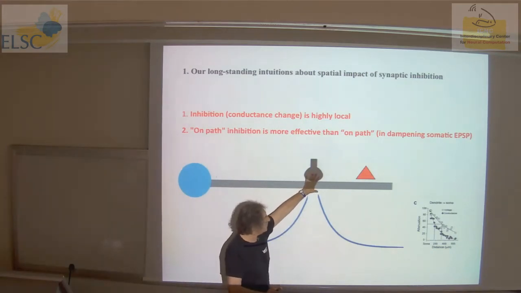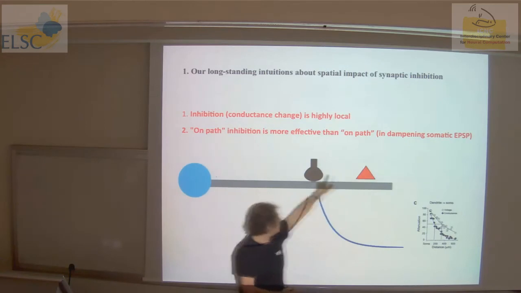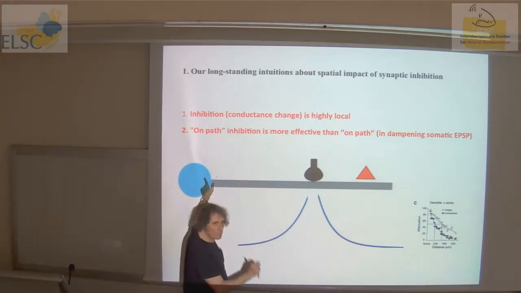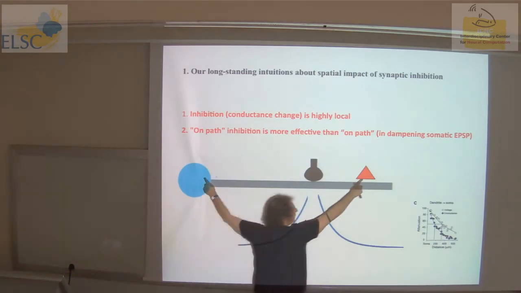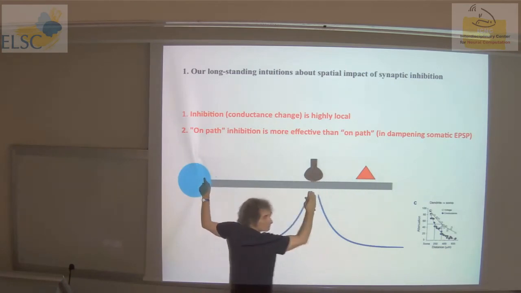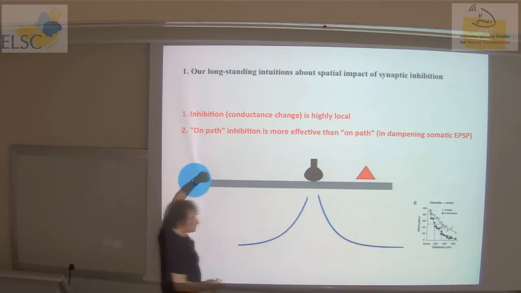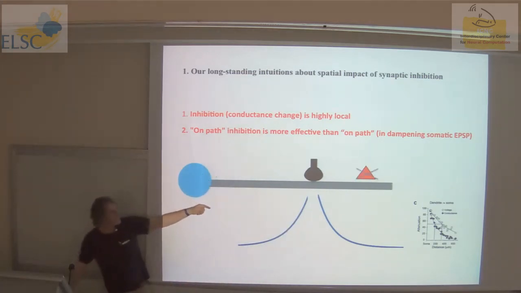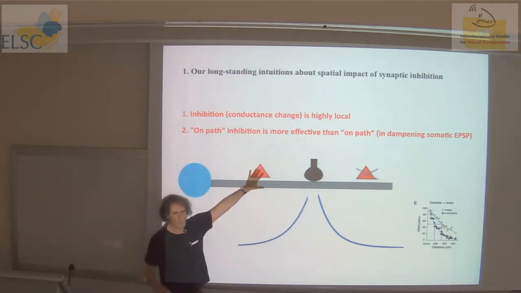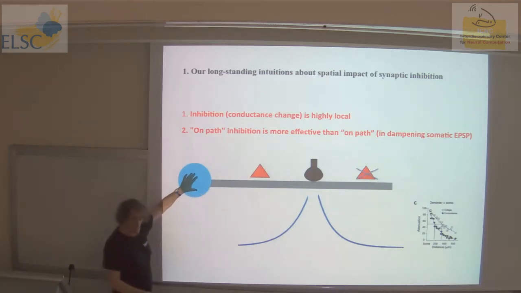An inhibitory synapse, when it sits between the excitatory synapse and the cell body, is much more effective at shunting the excitatory current when the excitatory synapse is more distal, compared to the same excitatory synapse sitting at the soma.